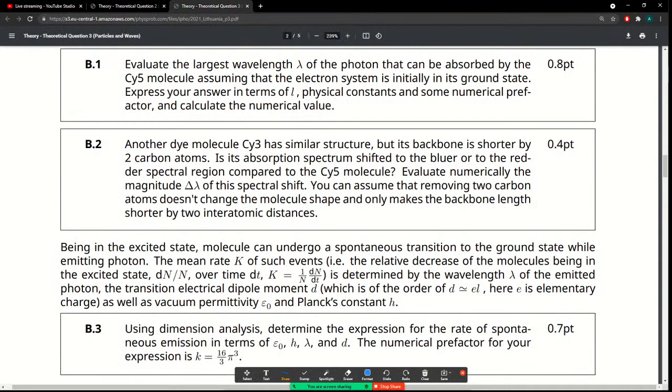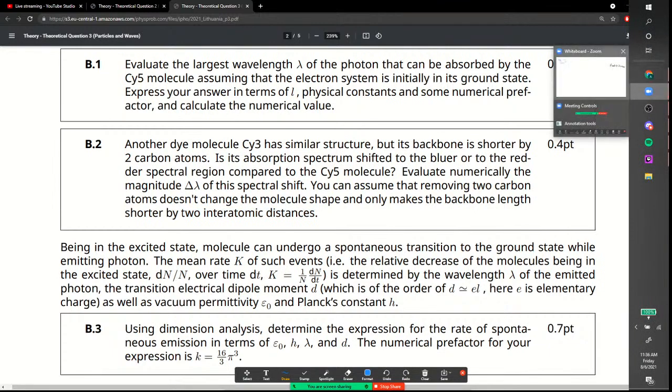Okay, and then it's shorter by 2 carbon atoms. So there will be 2 fewer electrons. And then the distance would be shorter by 2 interatomic distances. So L would be shorter, 2L.